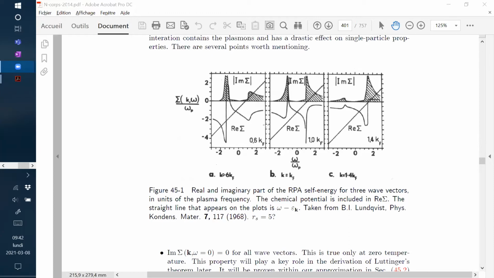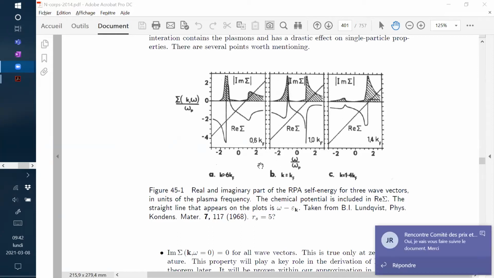It's too much. So what is this? This is the self-energy in units of the plasma frequency. And on the horizontal axis is the frequency in units of the plasma frequency, okay? And the dark part here is the imaginary part of sigma.